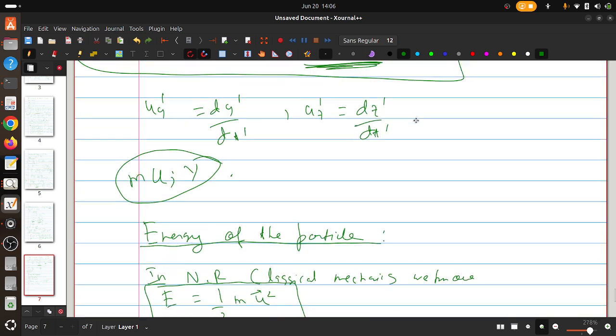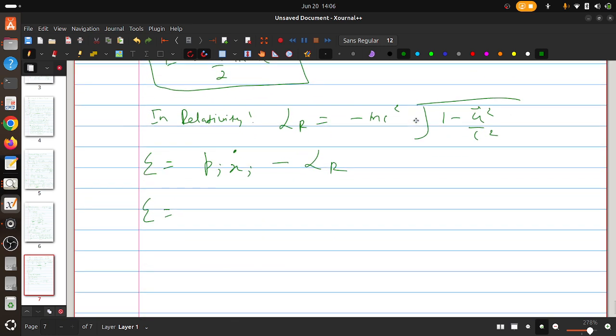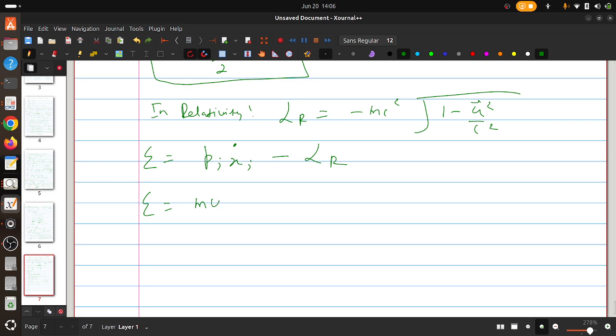So Pj we have derived, it was just m uj gamma, and there is a summation on j. Of course, you add up all the components, and then x dot j. But x dot j is again uj, so you just square it, right? Nothing great. Plus m c square, and again realize that this is just 1 upon gamma, right?